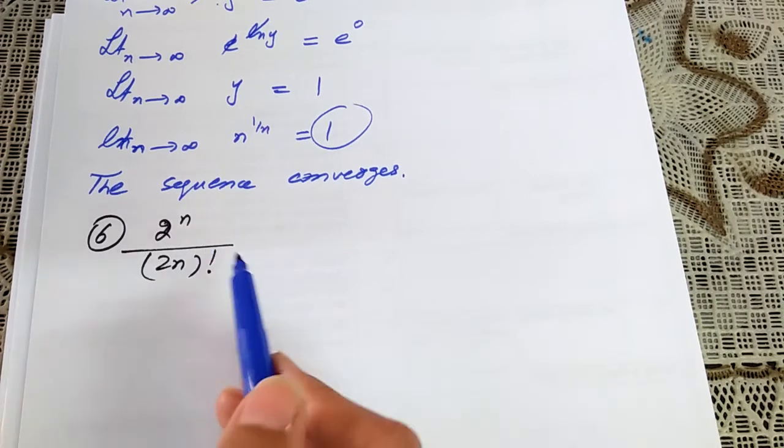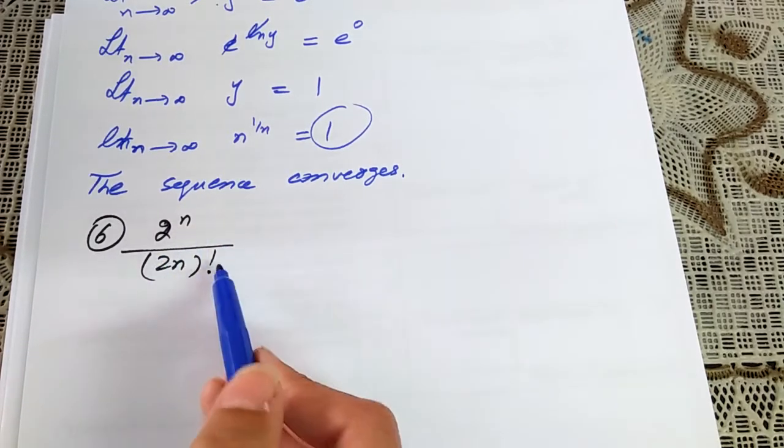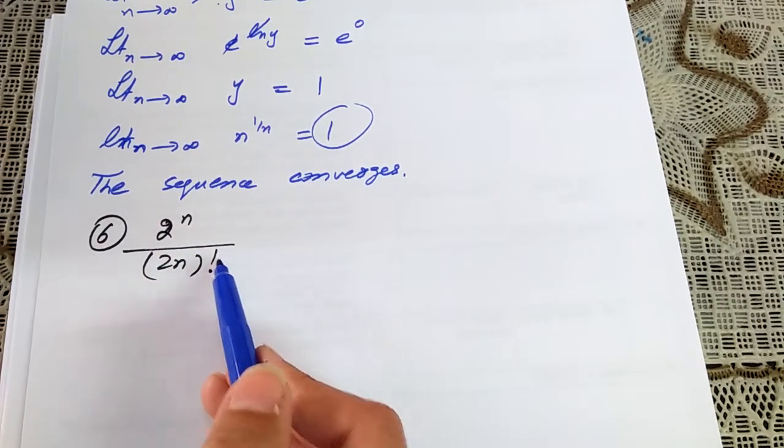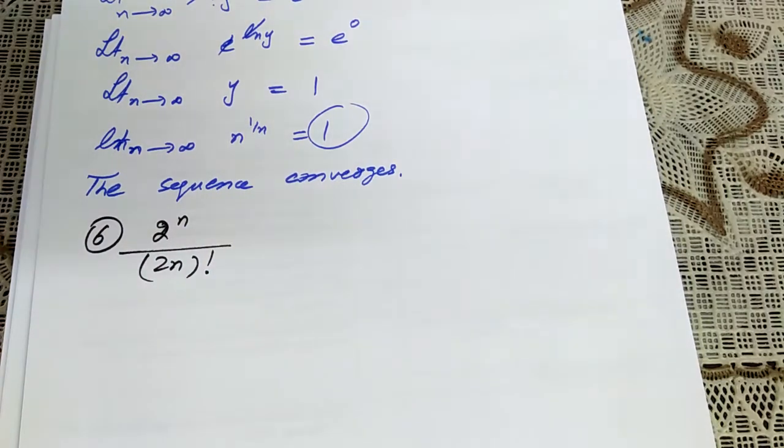That is the easiest method to check whether the sequence converges and what is the answer of that limit, the ratio test.